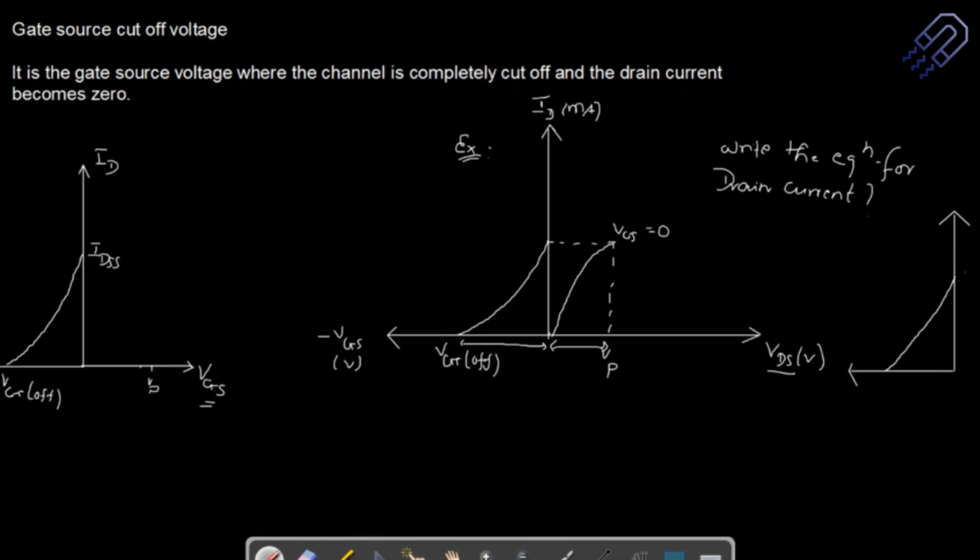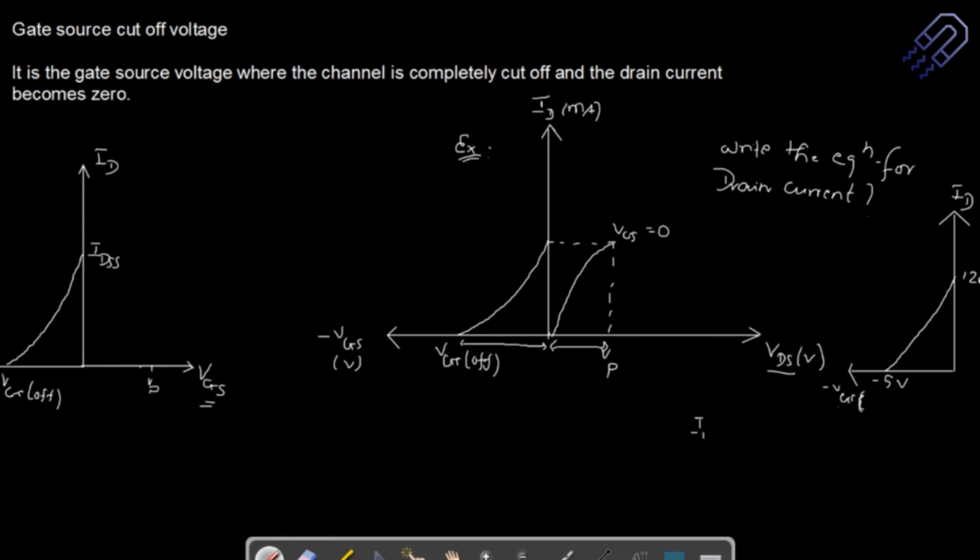So this is, let's say, 12 milliamps. If you are given a value and you have to write down the equation for the drain current, some figure will be given with some values provided, and this is minus 5 volt, and this is minus VGS. You have to write down the relation for this particular image.